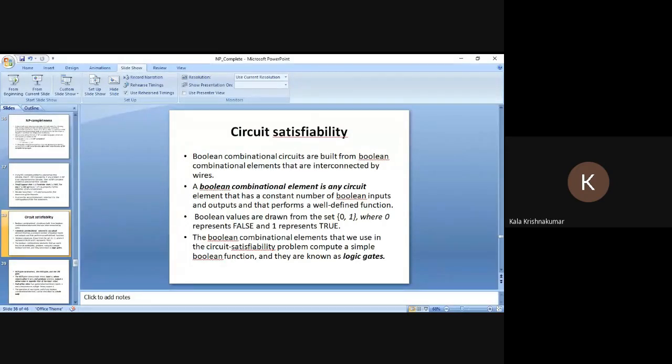That is known as the ID of a Turing machine, and that can be converted into a Boolean expression in polynomial time. If that is possible, then since the Turing machine halting problem is NP, we can say that this one is also in NP, and that reduction is possible. So we can say that the satisfiability problem is NP complete. If both conditions are true, then the satisfiability problem is NP complete, and that is known as Cook's theorem.